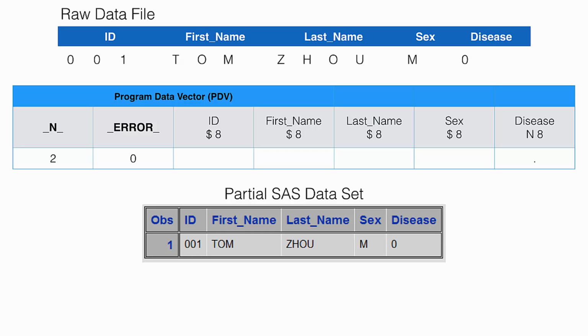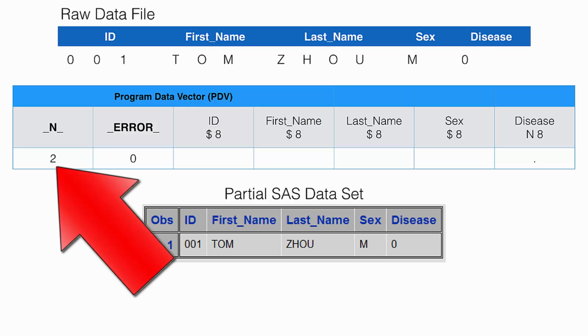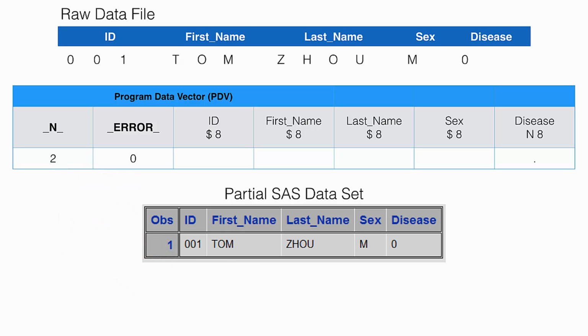When reading data from a raw file, as we are here, SAS reinitializes the values of the variables in the PDV to missing and increments the value of _in_ by 1. If we were reading the data from another SAS dataset, the values from the previous iteration would be retained in the PDV until overwritten in the current iteration.